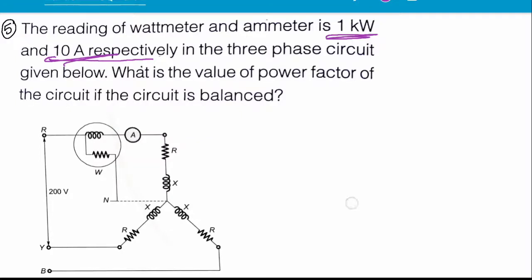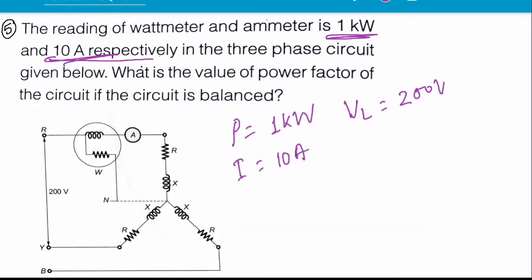Wattmeter P is given to be 1 kilowatt and I is given to be 10 ampere, and also line voltage is given as 200 volt. So here phase voltage will be 200/√3 volt and I is 10 ampere.